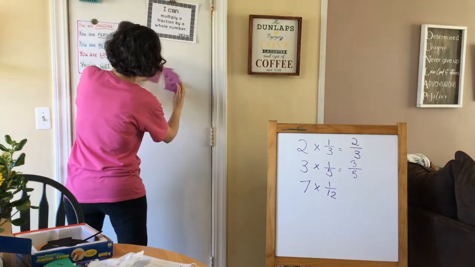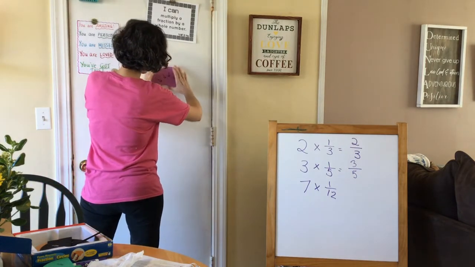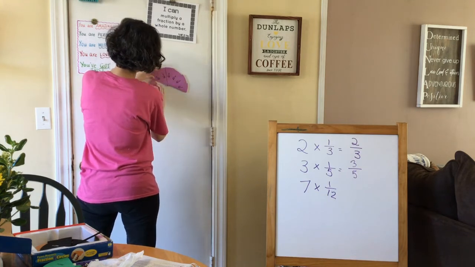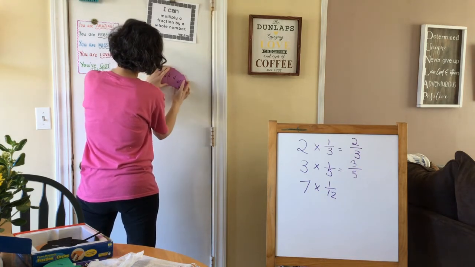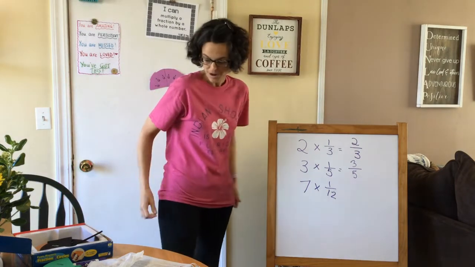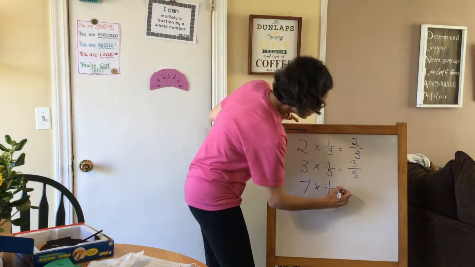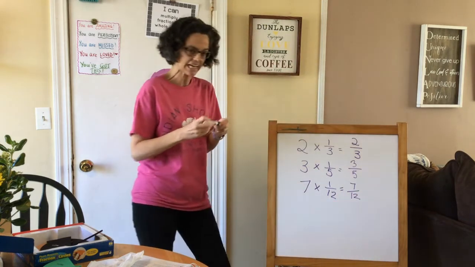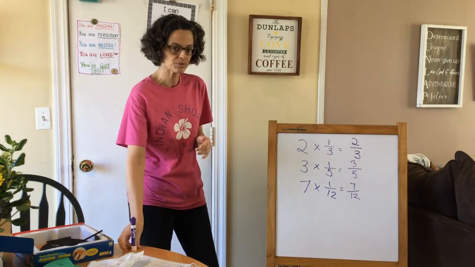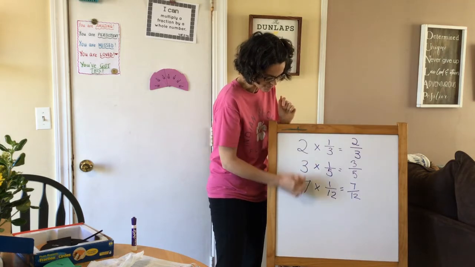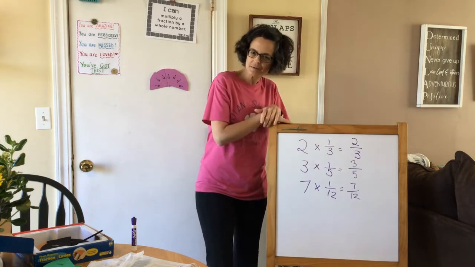So if I put them together, what do I have? 7/12. So what pattern do you see? I want you to take a look at it. I want you to look at the pattern. What do you notice? How we get from here to here. Can you see a pattern?